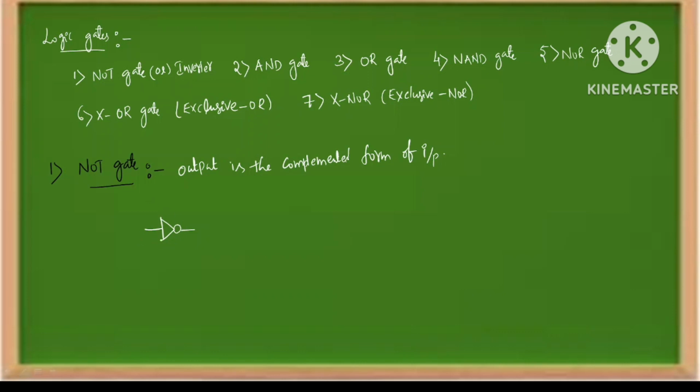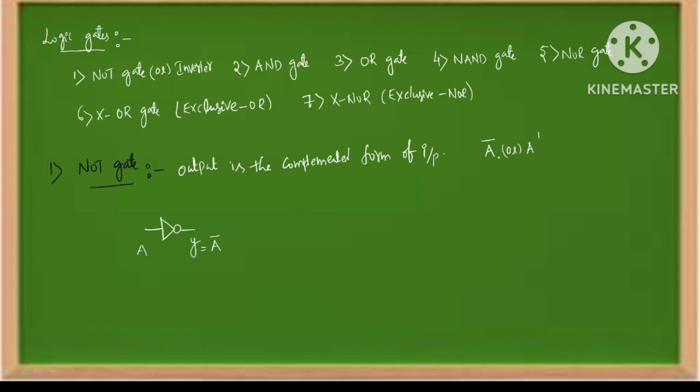The NOT gate is a single input gate. The input that I am applying, I am assuming as A. The output of the NOT gate I am assuming as Y. As the output is the complemented form of the input, Y can be written as A complement. The complement is represented either by using a bar above the variable or by using a dash.